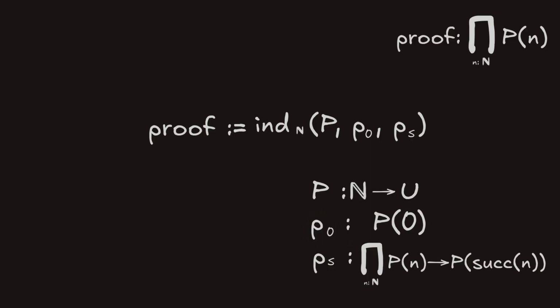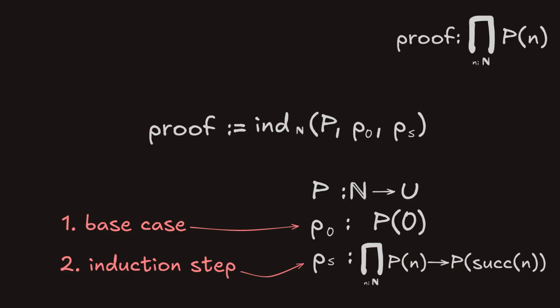We call this the base case. Secondly, we need to construct a function that, given some proof that P of n is true, returns a proof that P of suc n is true. We call this the induction step.